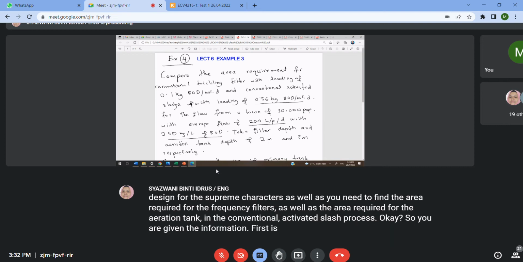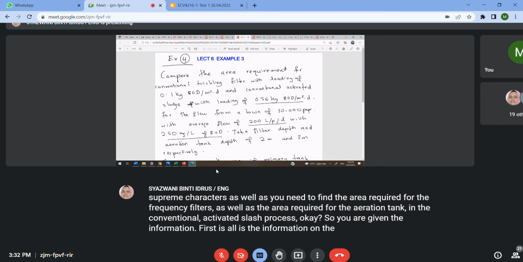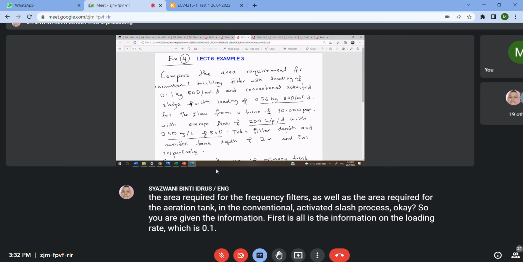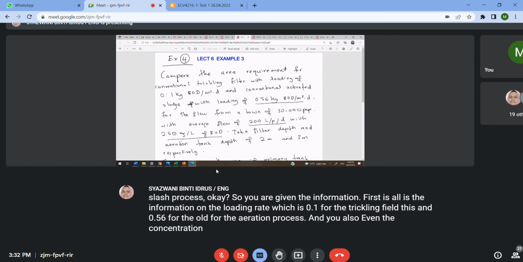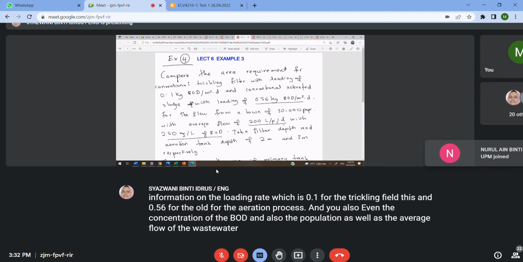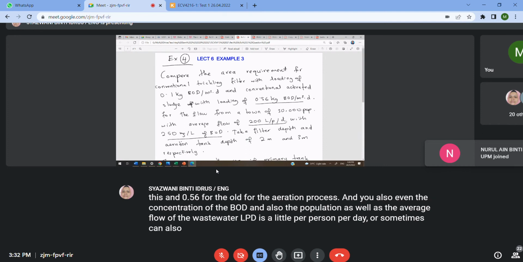Okay, so you are given the information. First is the loading rate, which is 0.1 for the trickling filters and 0.56 for the aeration process. And you are also given the concentration of the BOD and the population, as well as the average flow of the wastewater, LPD, liter per person per day, or sometimes written as LCD, liter per capita per day.